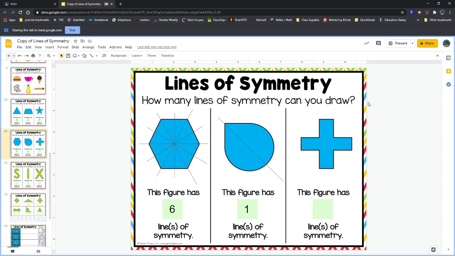Last shape, our T shape, has 1, 2, 3, 4 lines of symmetry. So there are 4 different lines of symmetry on that last shape.